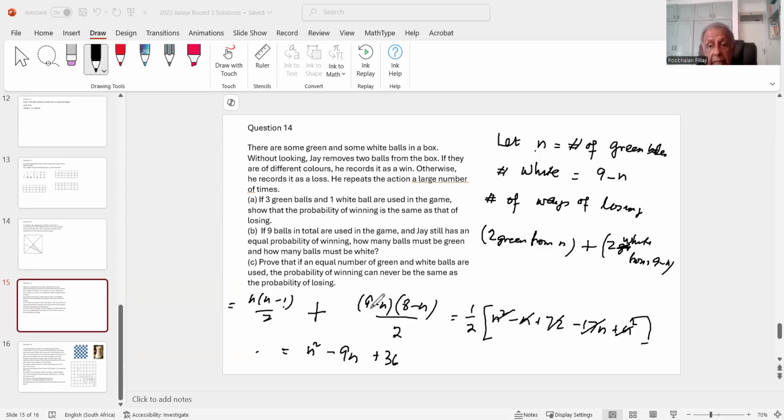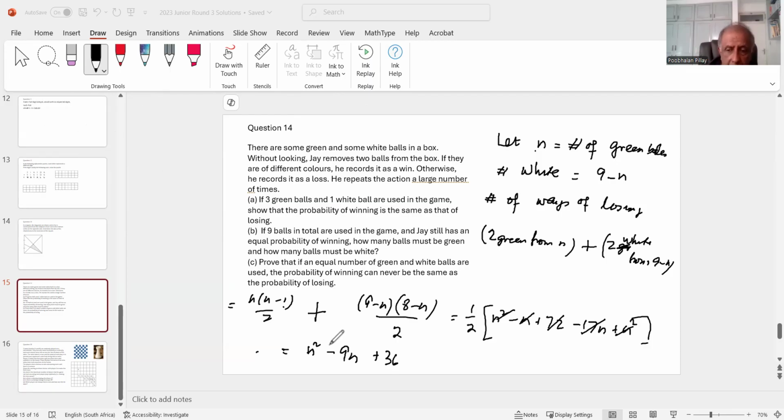Right. So this is the number of ways of losing. Now, you want this to be equal to the total number of ways of choosing 2 from 9. Remember, we had 3 over 6 before.